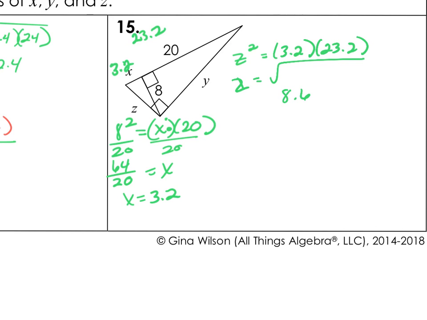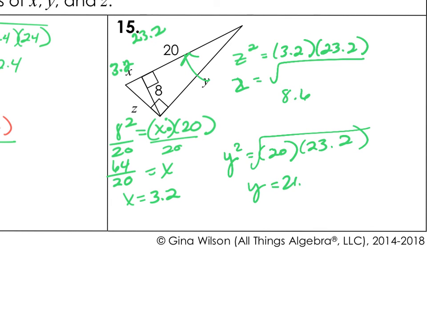Okay, then when you're solving for y, y is a leg. The adjacent segment for the leg is 20, and then the whole hypotenuse is 23.2. And take the square root, y is equal to, you should have got 21.5.